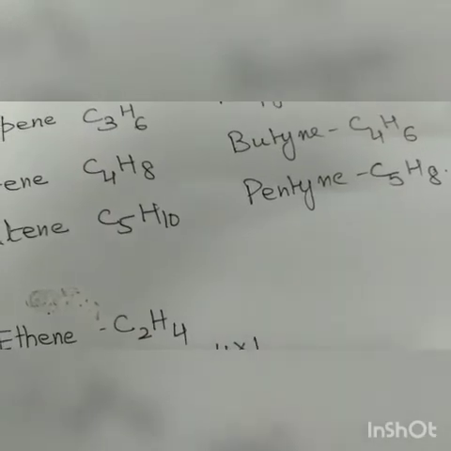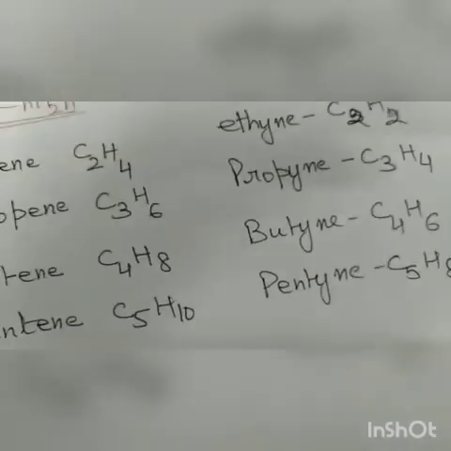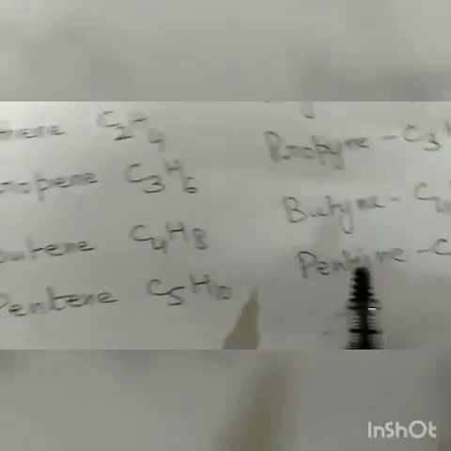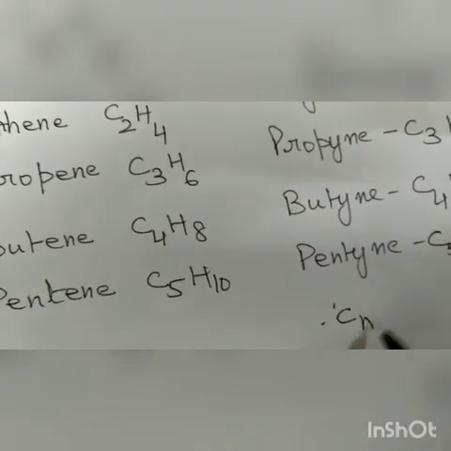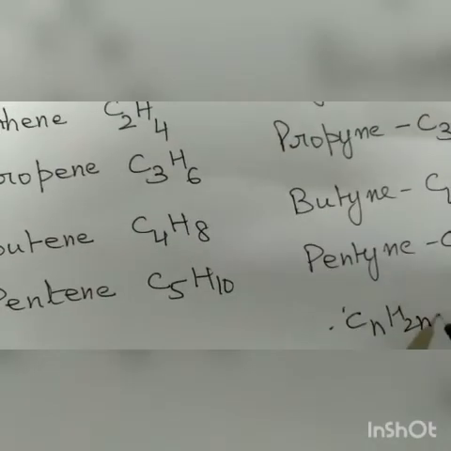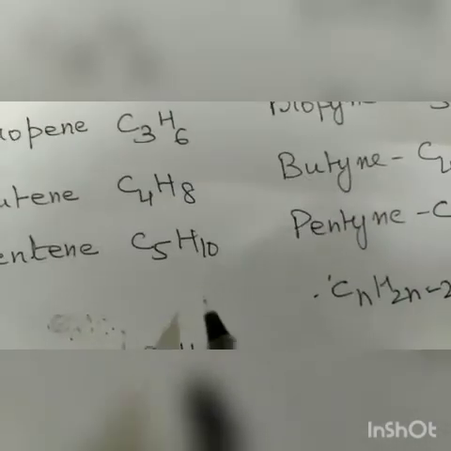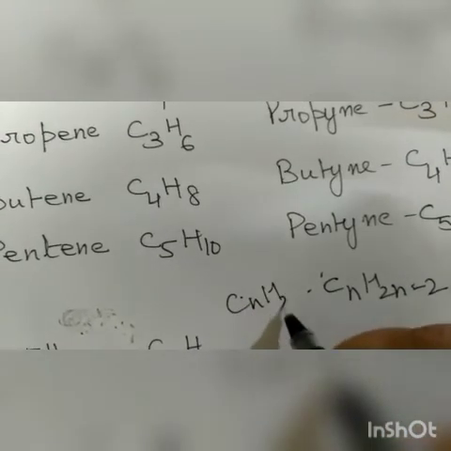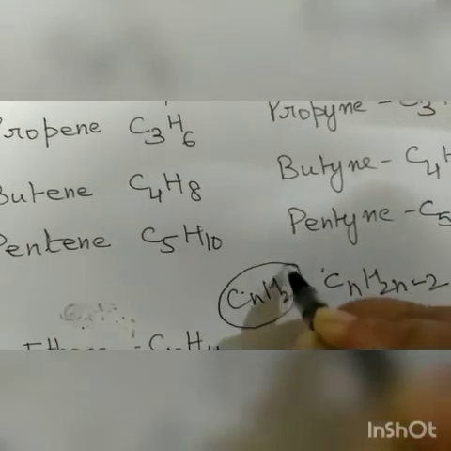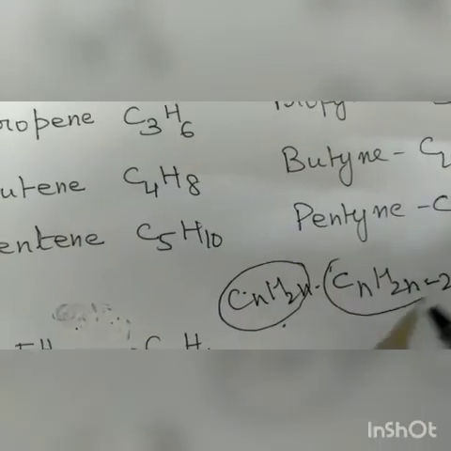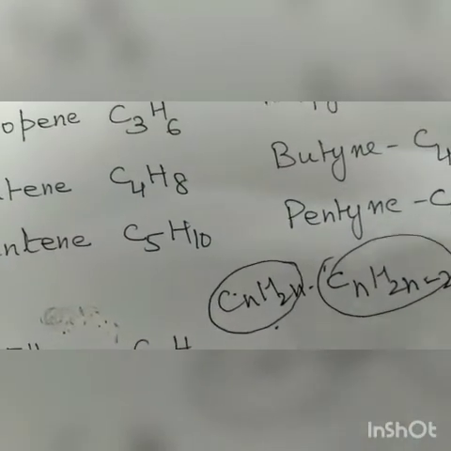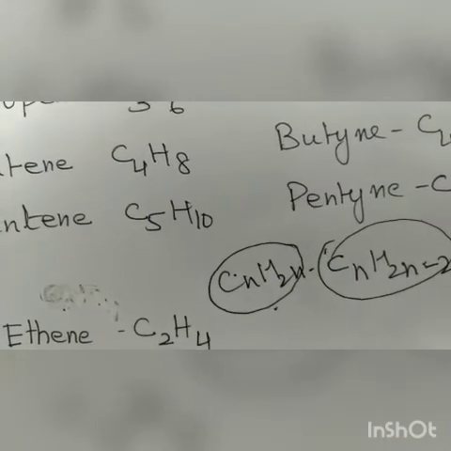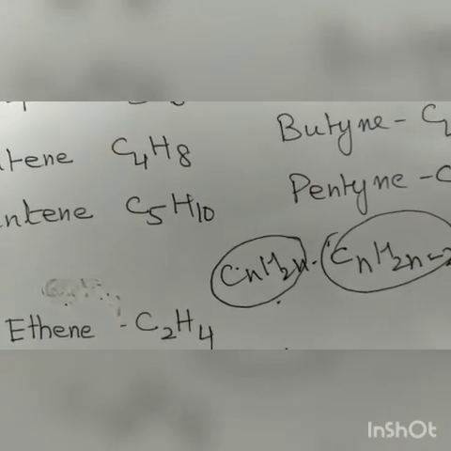The same holds in the case of alkenes and alkynes, because the general formula of alkynes is CnH2n-2, and in the case of alkenes the general formula is CnH2n. So all the members of alkenes, and all the members of alkynes, differ by a CH2 unit or 14 units.